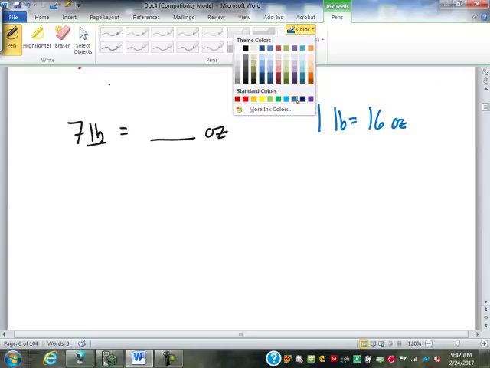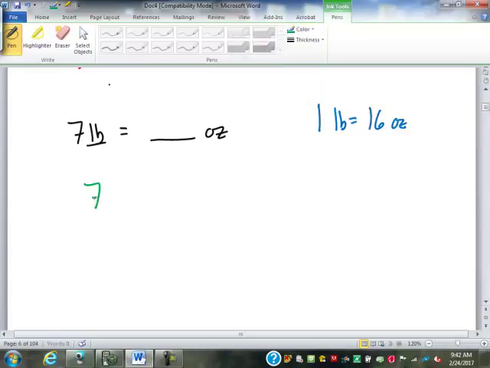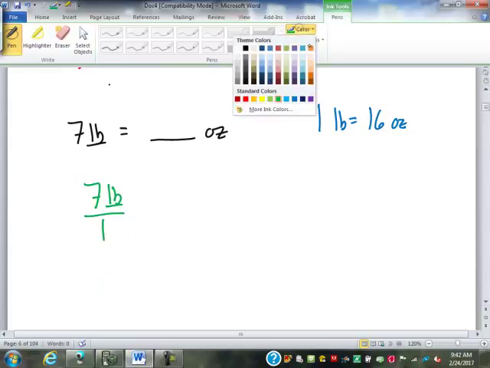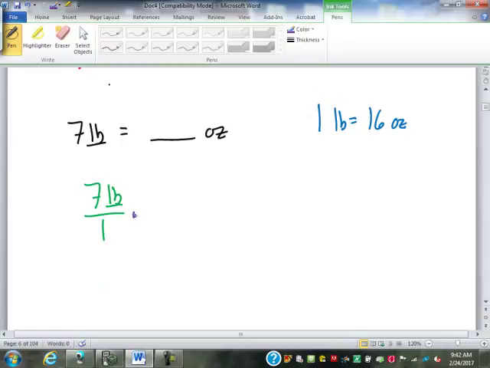So what we do is we set this up, make the 7 pounds into a fraction by making it 7 pounds over 1. Now we have pounds here, so to get rid of pounds, we have to put pounds on bottom. In our relationship, 1 pound is 16 ounces, so this is 1 pound on bottom. On top is going to be 16 ounces.